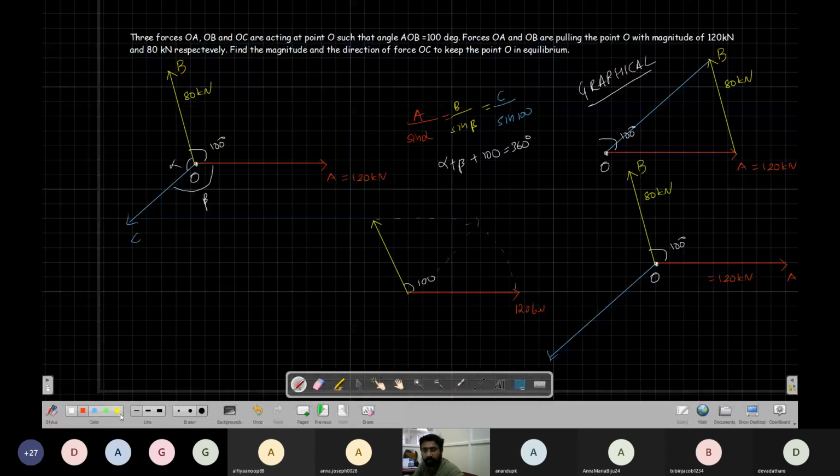This is 80 kilonewton. And we know that the resultant should be equal to the square root of 120 square plus 80 square plus 2 into 120 into 80 into cos 100.